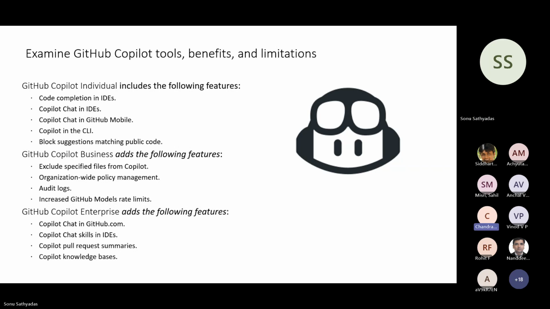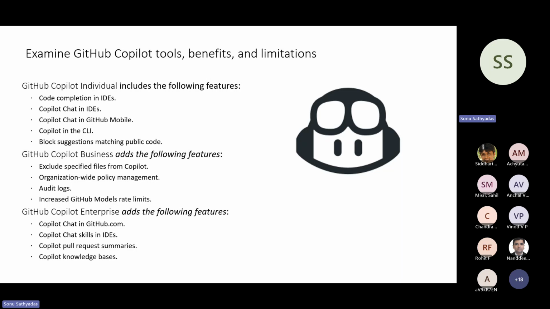And when it comes to GitHub Copilot Enterprise, it provides all the features of GitHub Copilot Business, as well as more options in GitHub Copilot Chat. Now, yes, these features are commonly available in all the plans.